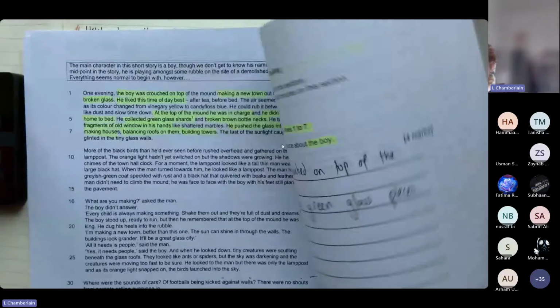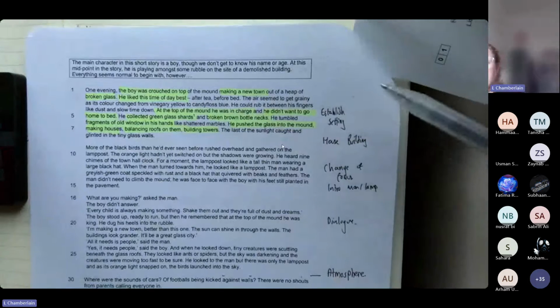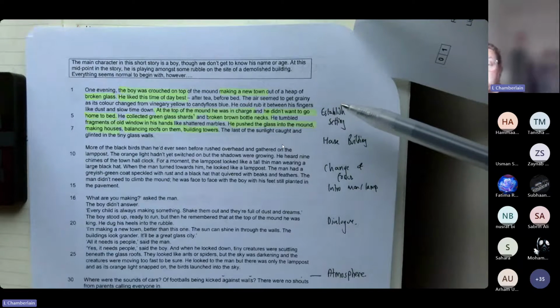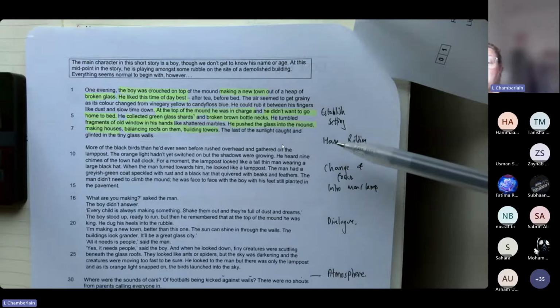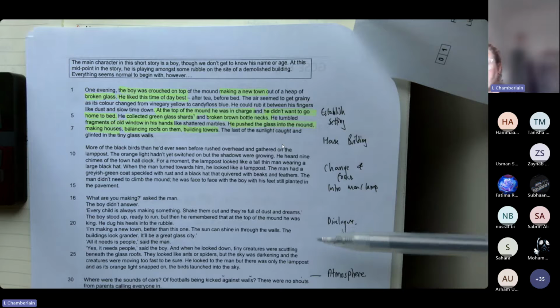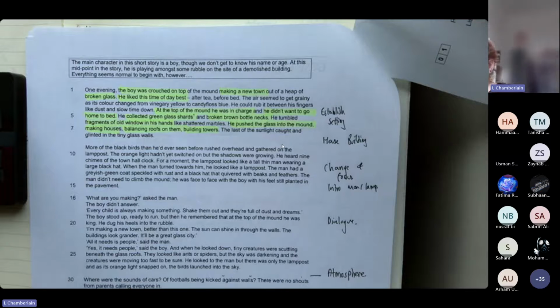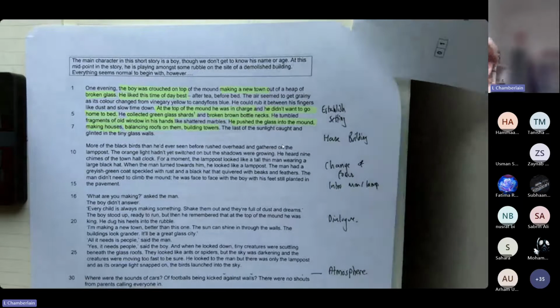So if we go back to the extract that we looked at, here down the side, I know that they established the setting, that we've got that focus on the house building, then we've got this introduction of another character in the dialogue, then we've got the change of atmosphere, then we've got that sense of panic, and then it ends with the man being a lamppost again. So I could say that that was sort of anti-climactic, okay? But it also reverts this idea of the game.